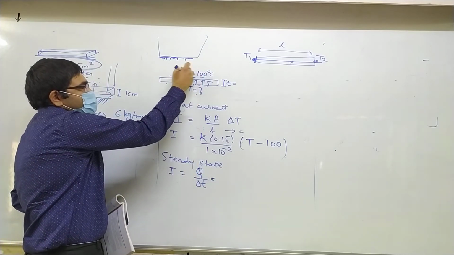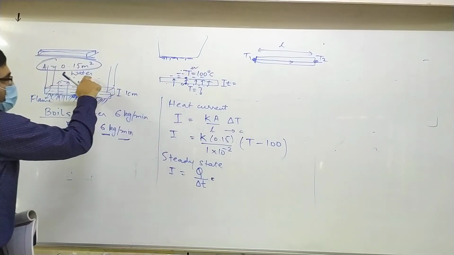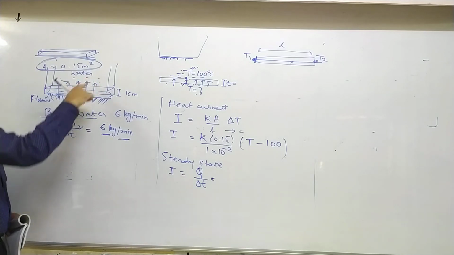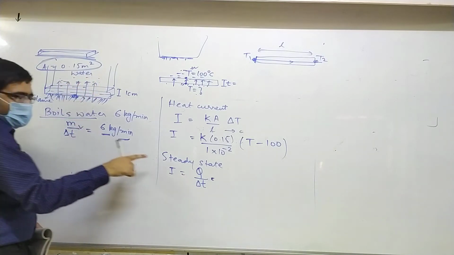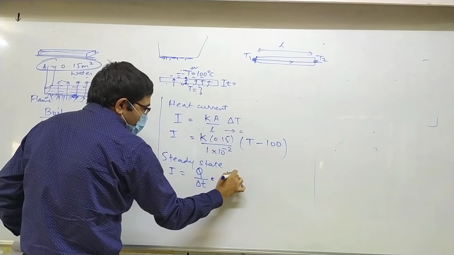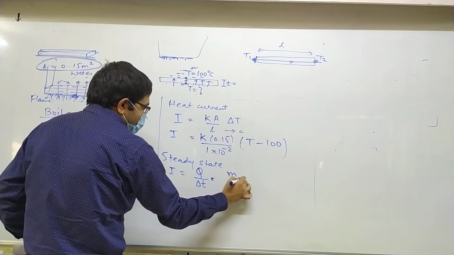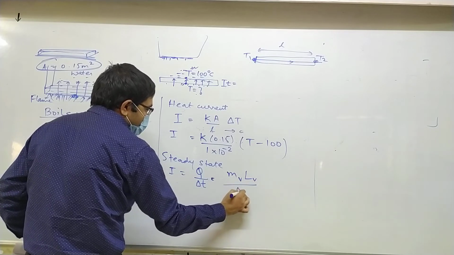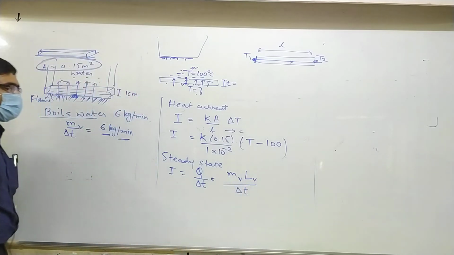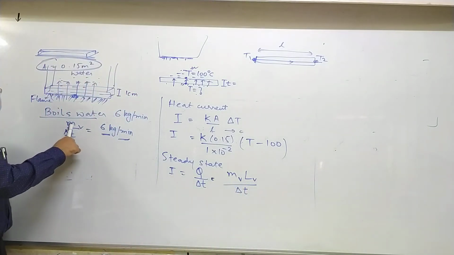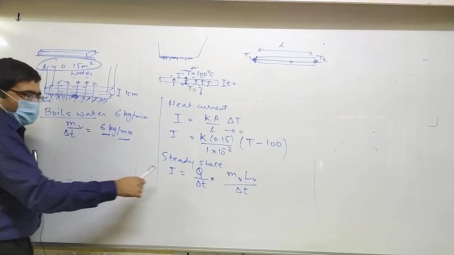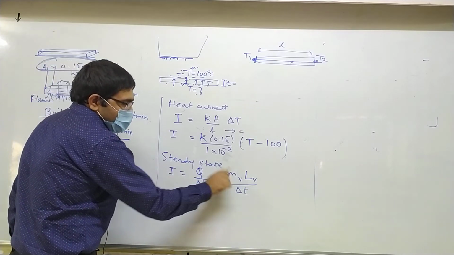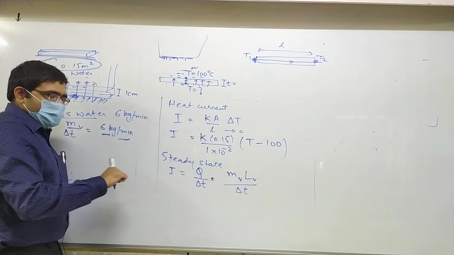And what is Q by delta T? Here this heat is received by water. The heat is received by water, the water boils. So instead of writing Q, when it's boiling water, I can write mV into LV, right? Hopefully you remember, latent heat of vaporization. Whenever a fluid is boiling, you can write that heat is equal to m into L, right?